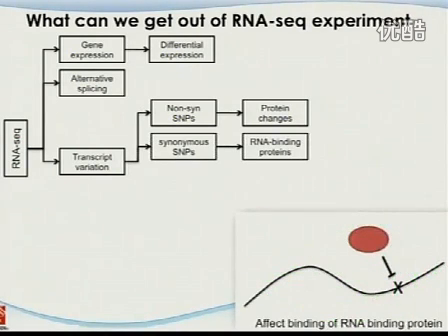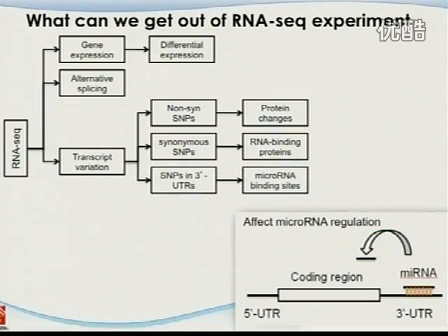Or if it is a synonymous SNP, that will potentially affect the gene regulation, including splicing or any other type of RNA processing, like translocation and RNA editing and things like that. And if this variation is located in the 3' UTR of the gene, that potentially is a microRNA target site, and that will potentially affect the microRNA function.